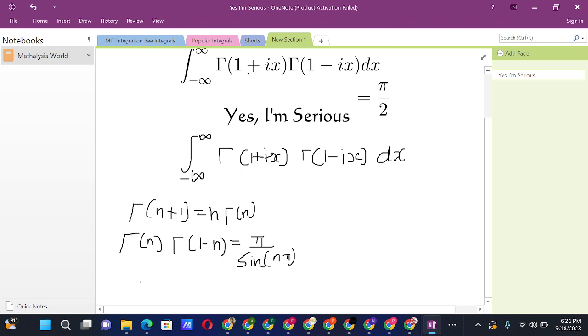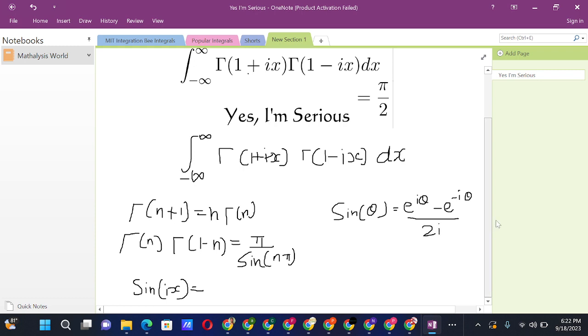And the next thing we need to know is about sine of ix. For this one, you can go this way. Sine of theta is e to the power i theta minus e to the power minus i theta, divided by 2i.